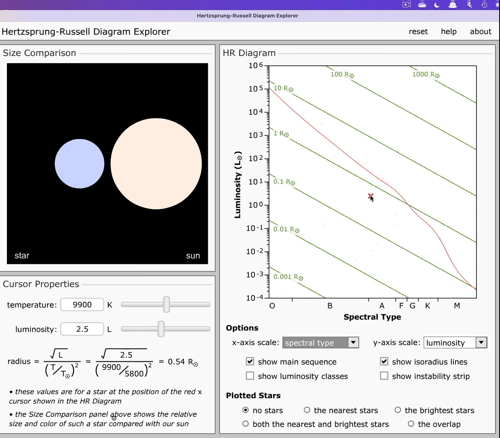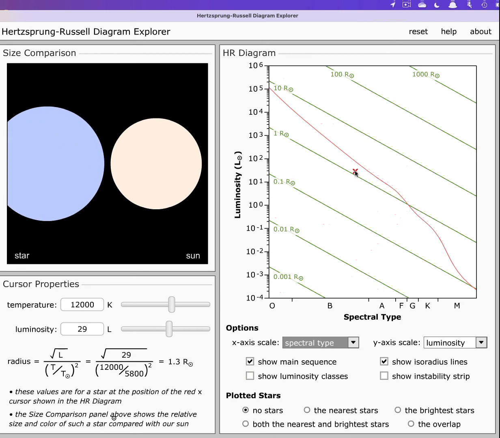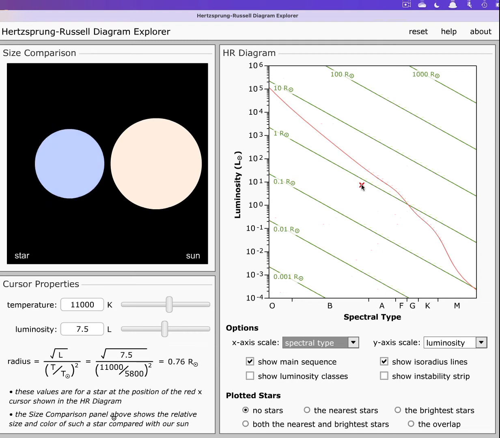Remember, color is temperature. The luminosity is not really indicated by the size; there's nothing in our little toy model that compares the luminosity. It's just about the size of the star compared to the sun.